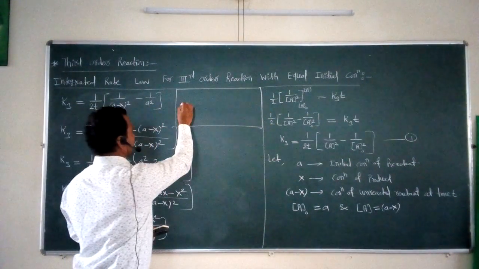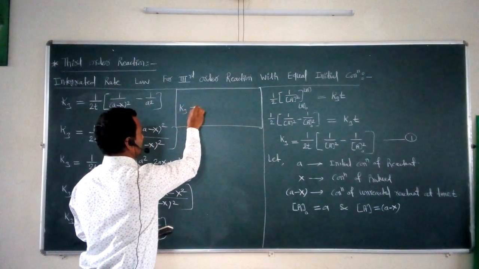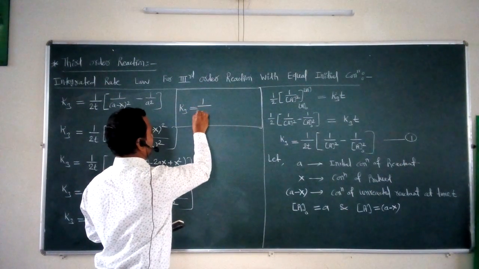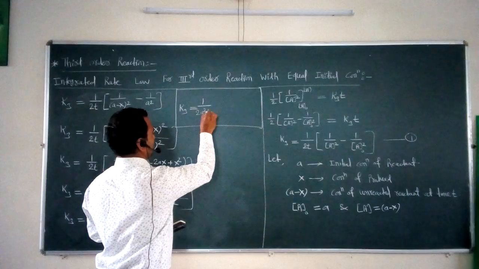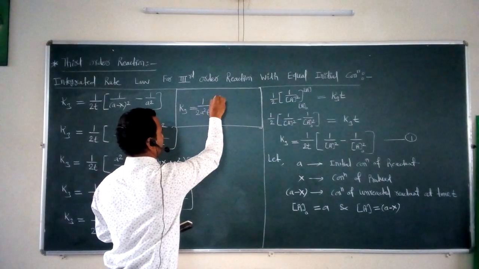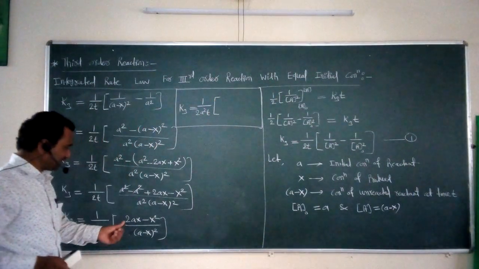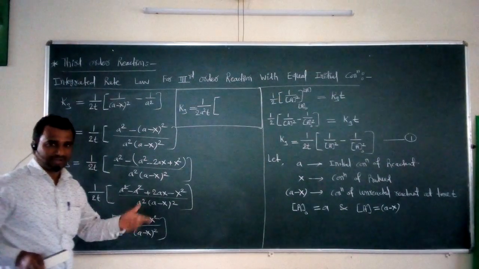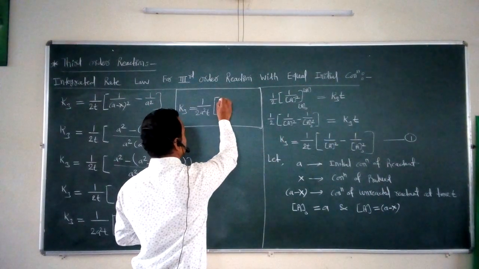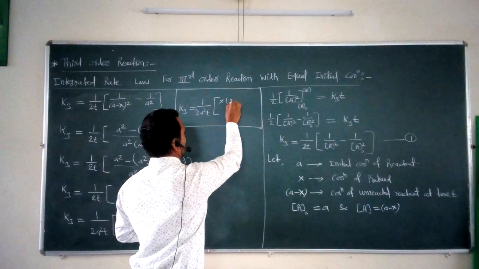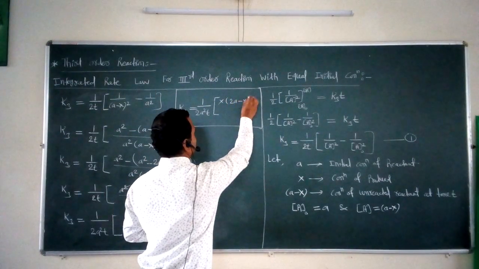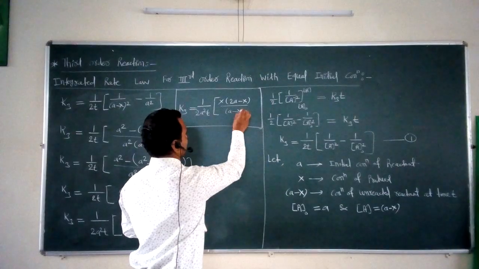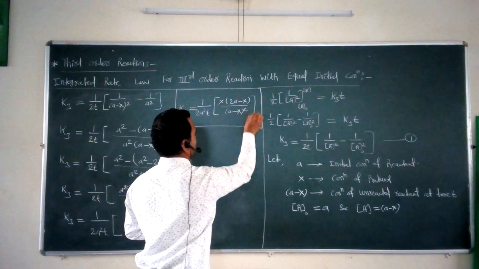Now I make a common term. This x is common, so I take it outside the bracket. So it is x in a bracket (2a minus x) divided by (a minus x) square.